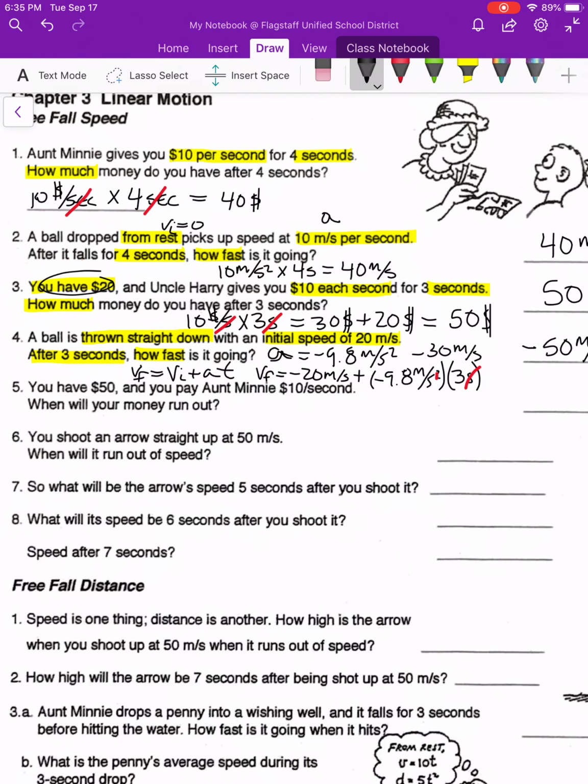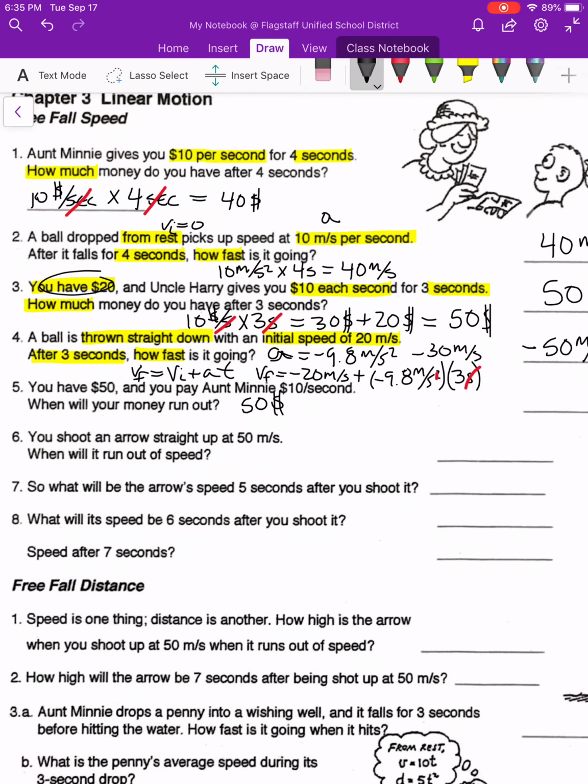Okay, so now we're going to move on to problem number 5. You have $50 and you pay Aunt Minnie $10 per second. When will you run out of money? Well, this one's pretty straightforward again. I should have $50.